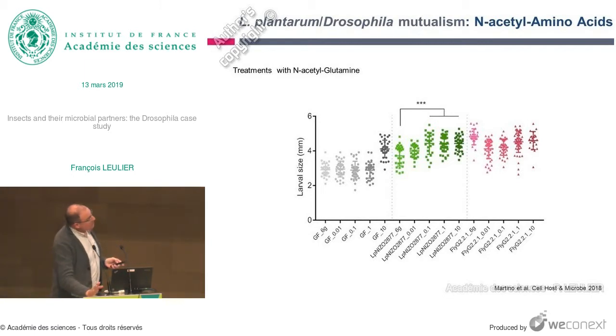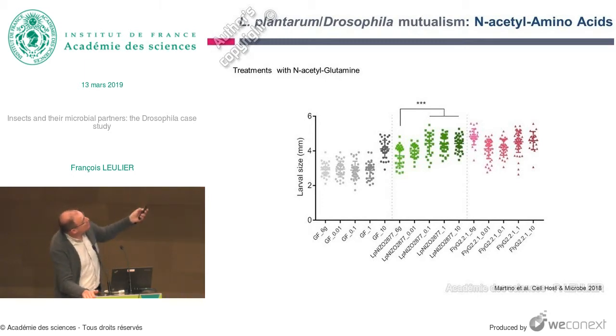So the very simple experiment we did, and that is the last experiment I'll show you, is we complemented either germ-free animals, or animals associated with the ancestral plantarum strain, or animals associated with the evolved strain, with increasing concentrations of one of the most representative N-acetylated amino acids, N-acetyl-glutamine.